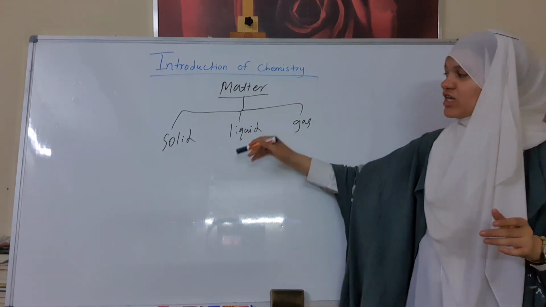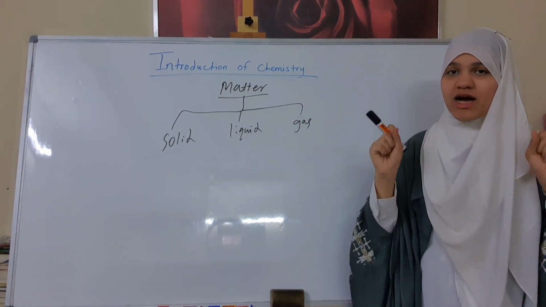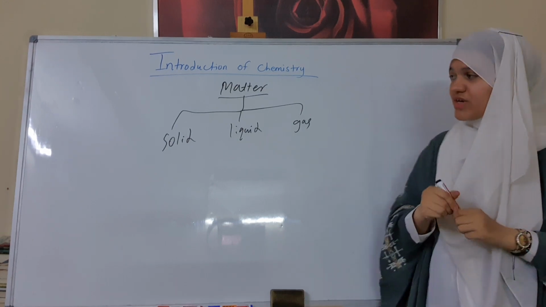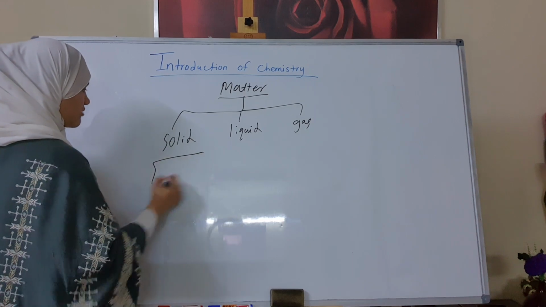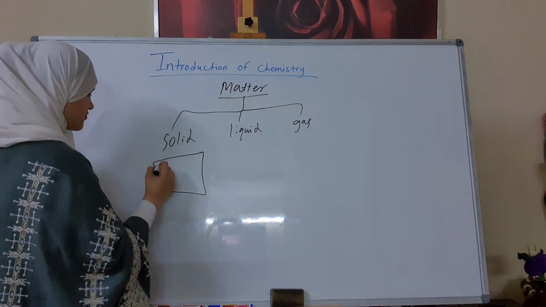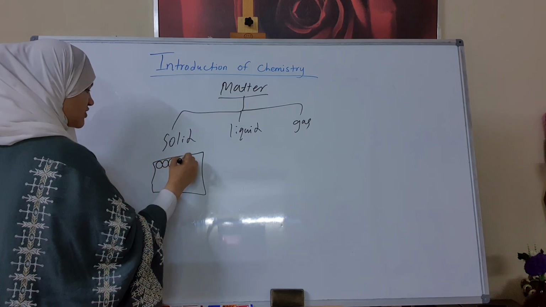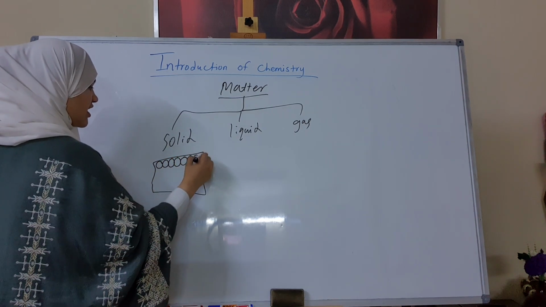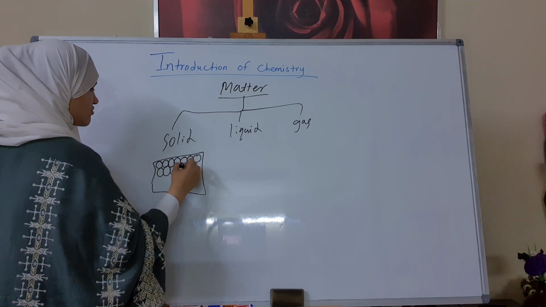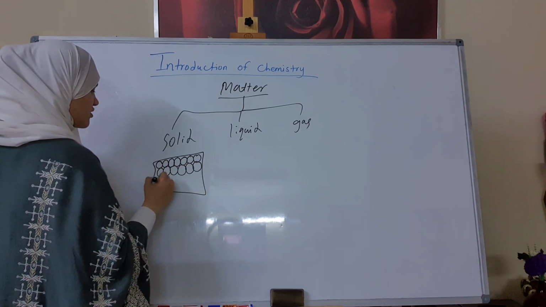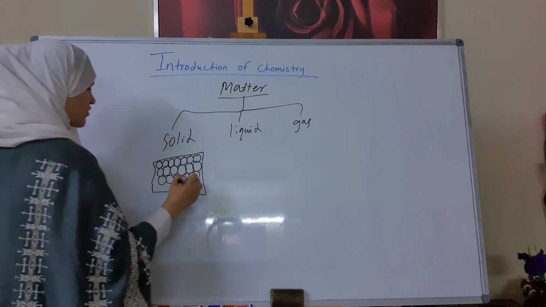First of all, solids have a fixed position and a tightly packed arrangement, okay? It can be drawn like this. It's tightly packed, there are no spaces between them. That means the particles are in fixed positions and arrangement, in order. Okay?